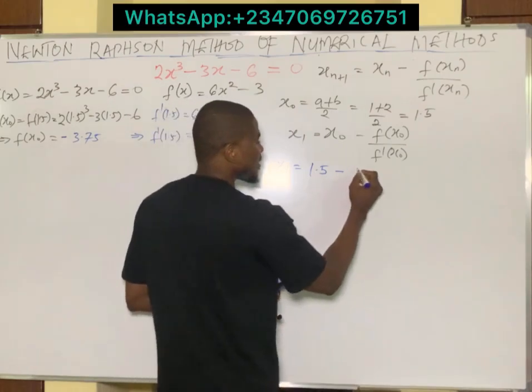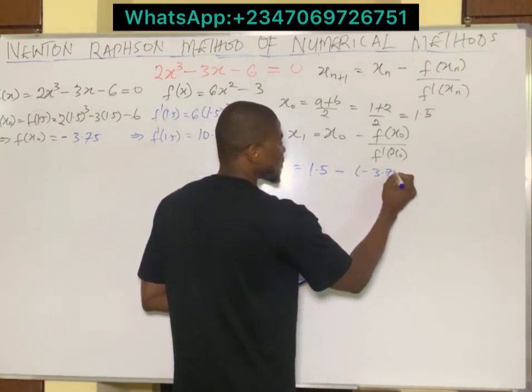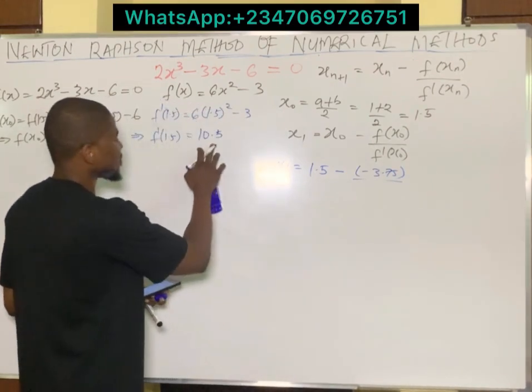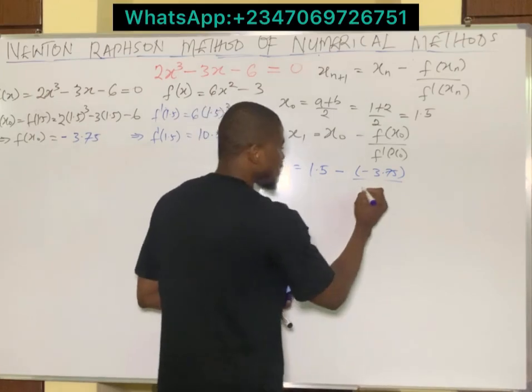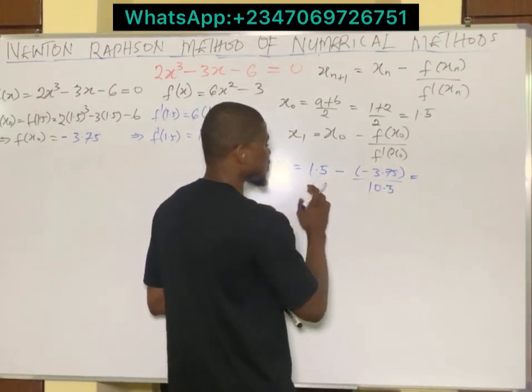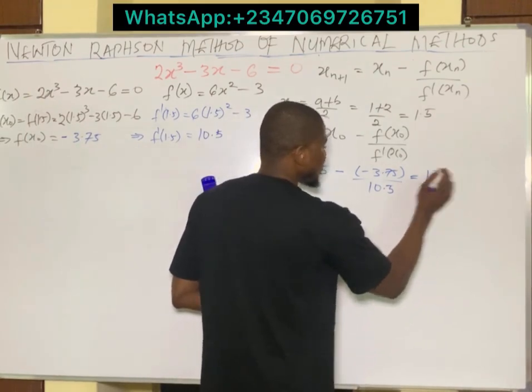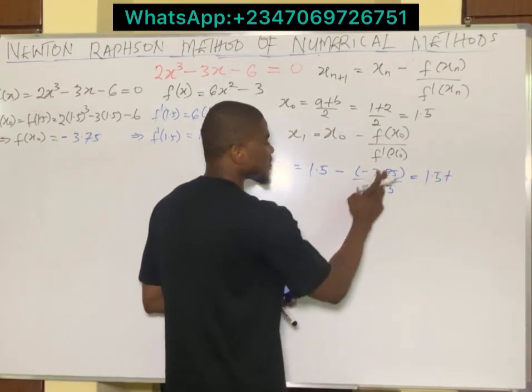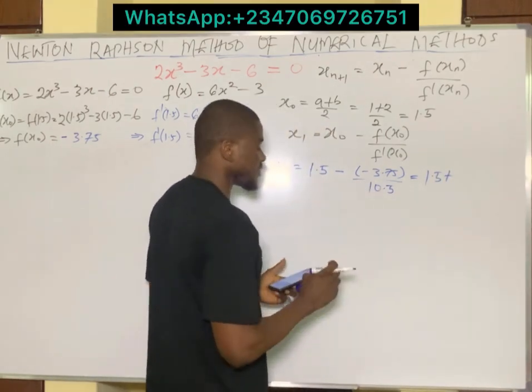So we simply have negative 3.75 divided by f prime of x naught. That gives us simply 10.5. So this is going to be equal to, of course, 1.5. Negative times negative here becomes positive. So let's simply find 3.75 divided by 10.5.